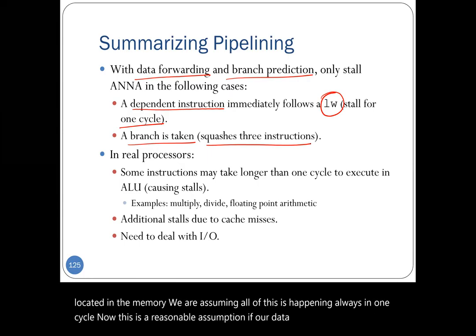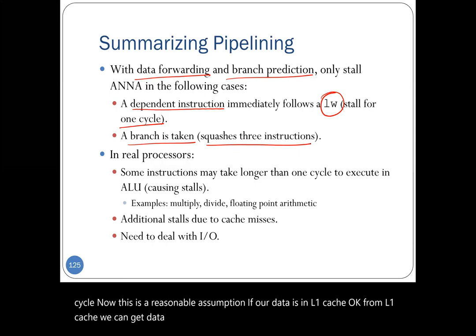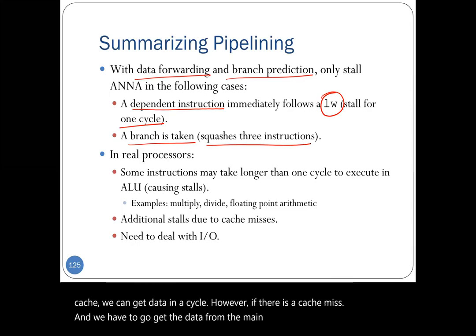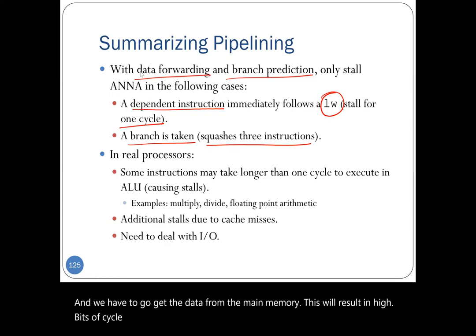Okay, from L1 cache we can get data in a cycle. However, if there is a cache miss and we have to go get the data from the main memory, this will result in hundreds of cycle stall. Okay, so again, this is a simplifying assumption which doesn't work in real microprocessors.